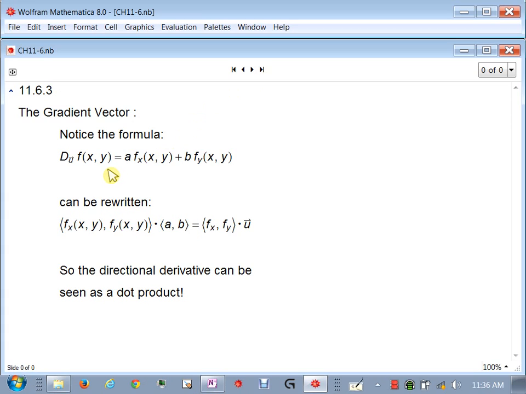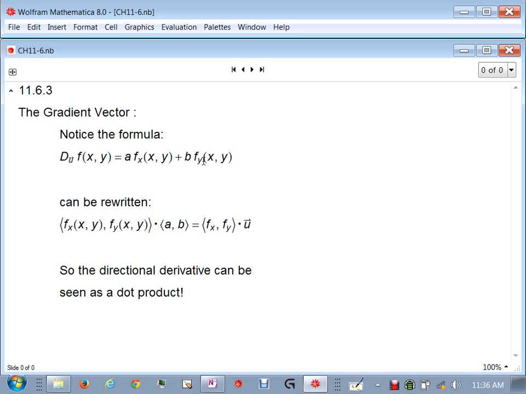Notice that in this formula, since we have a times this partial plus b times this partial, we could, if we wanted to, rewrite it this way. Remember how you compute a dot product of two vectors? If you take two vectors and dot them, you do the first component times the first component plus the second component times the second component.